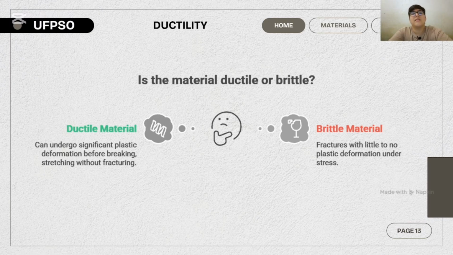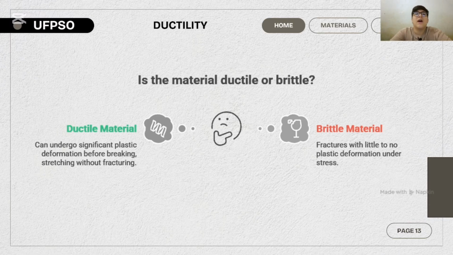In simple terms, ductility indicates how much a material can stretch before it breaks. In this way we can determine which material is more brittle and which is more ductile.